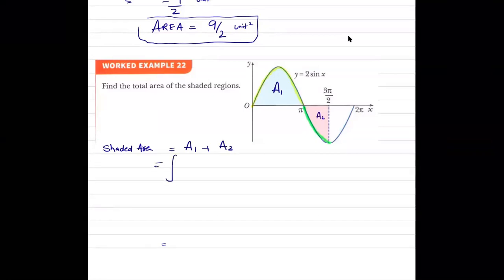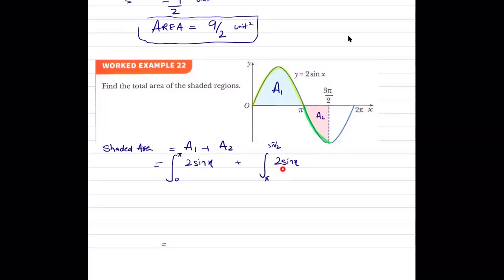A1 can be found by integration of 2 sine x from 0 to pi, and area 2 can be found by integration of 2 sine x from pi to 3 pi by 2. Now please keep in mind that this answer is going to be negative.